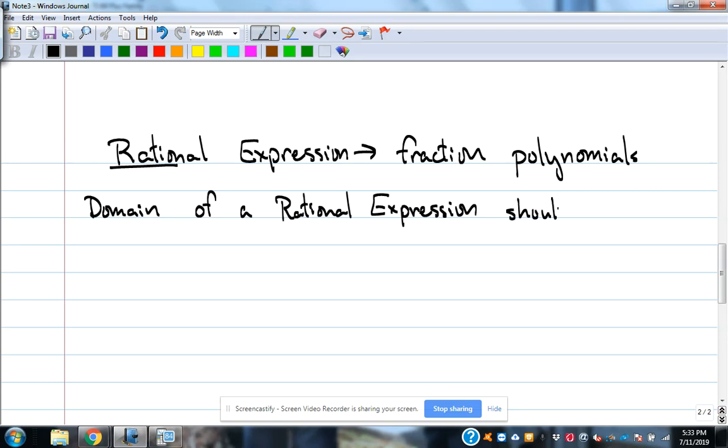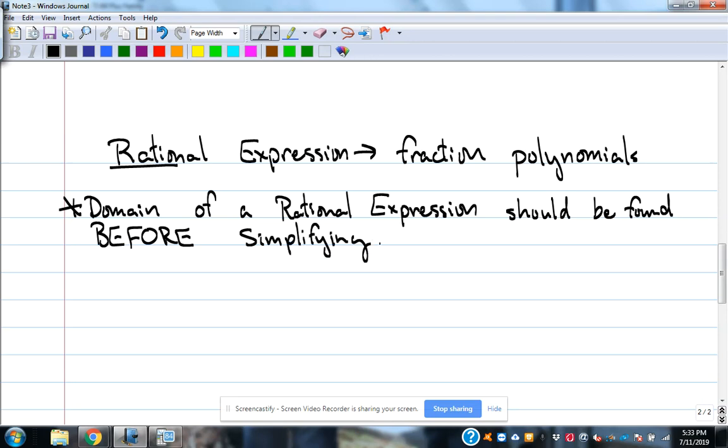So here's a very important statement, that the domain of a rational expression should be found, capital letters, before simplifying. Okay? Before you simplify, you got to find that domain. We're going to simplify some fractions, polynomial fractions in that case.